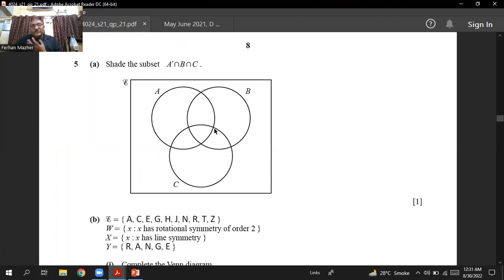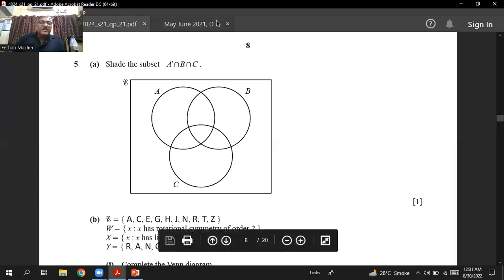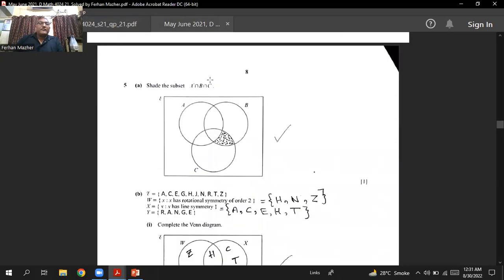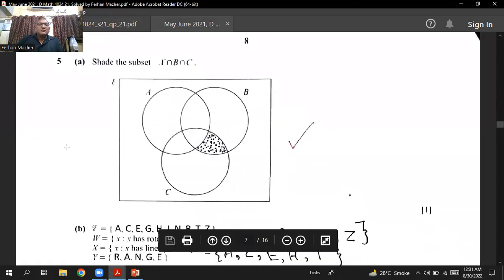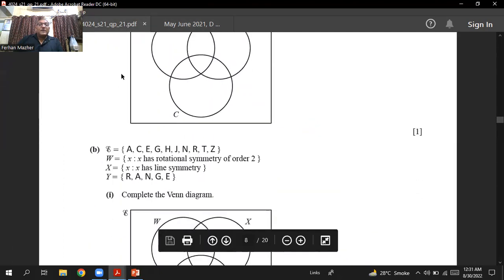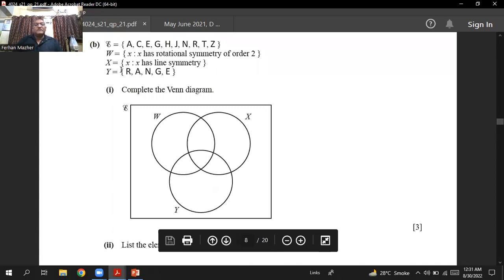Outside A, the portion which is common with B and C both. So that will be the portion. Okay, so I will shade that. So you see, I have shaded it. I hope you can see that. Okay, the next part they are asking us.